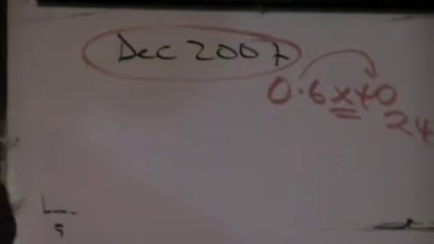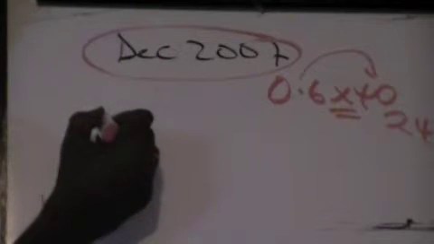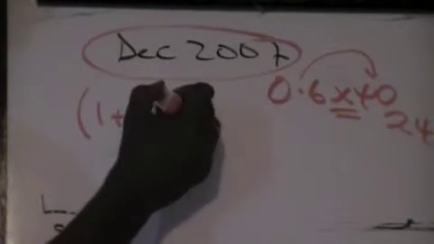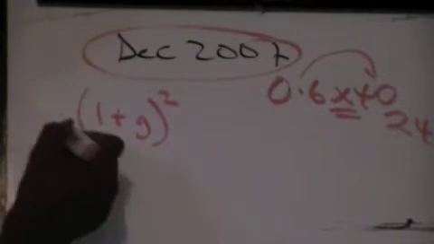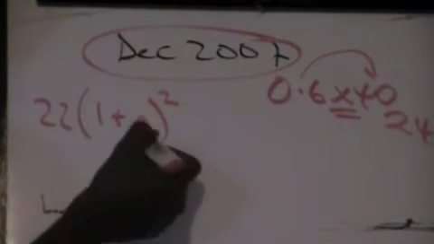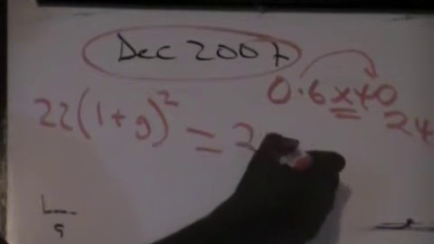It means that we can take a geometric rate and find g, the growth rate. To find g, we will say that, as per usual, 22 multiplied by 1 plus g raised to power 2, over a period of 2 years, is equal to 24.